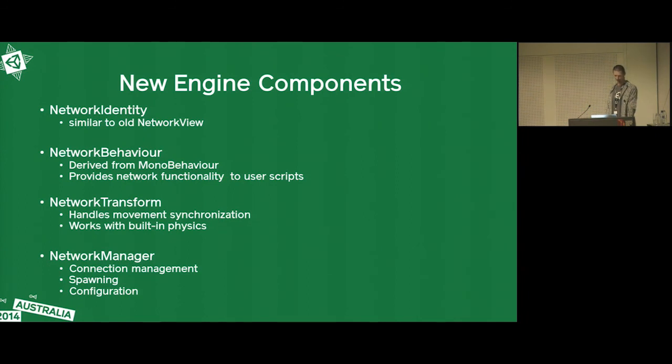Then there's a network transform, which handles synchronization of movement and physics. And at the highest level, there's a network manager object, which does high-level game networking things like spawn management and connection management. And all of these things are quite extensible.